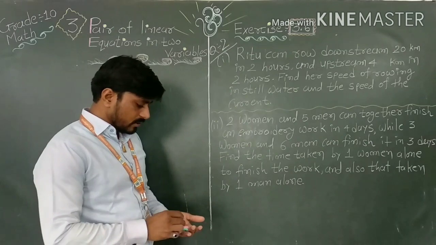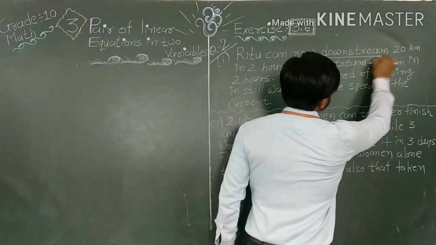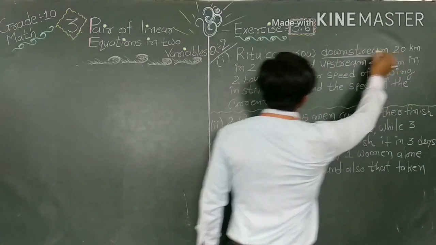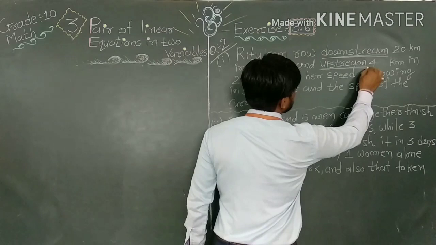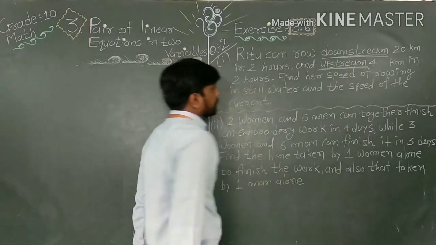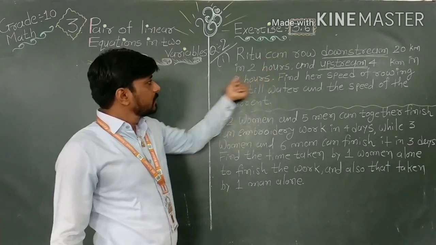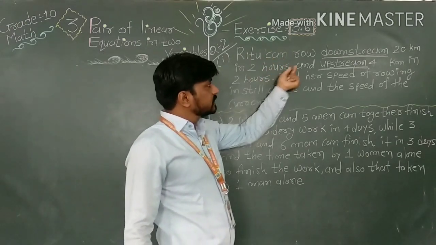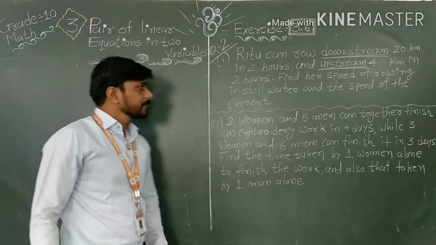Here there are 2 most important words, downstream and upstream. First of all, what is the meaning of downstream and upstream? Here Ritu can row a boat downstream 20 km in 2 hours.